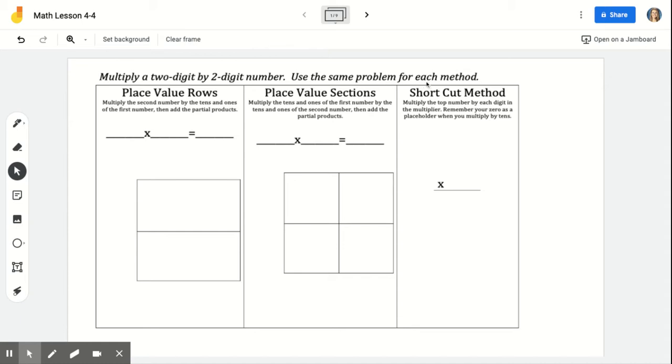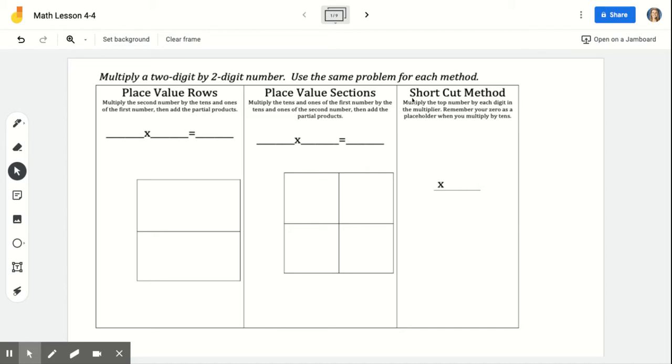So the first one that we have been practicing and learning about is the place value sections. Today, we're going to learn and practice how to solve using place value rows, as well as the shortcut method. So there'll be three different methods in which you can solve multiplication problems.